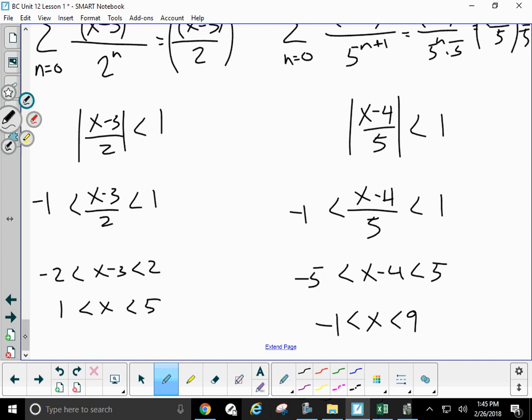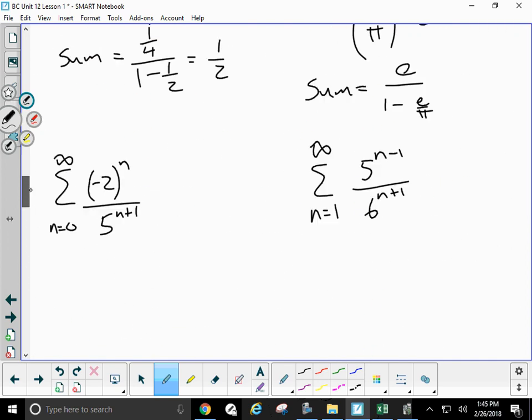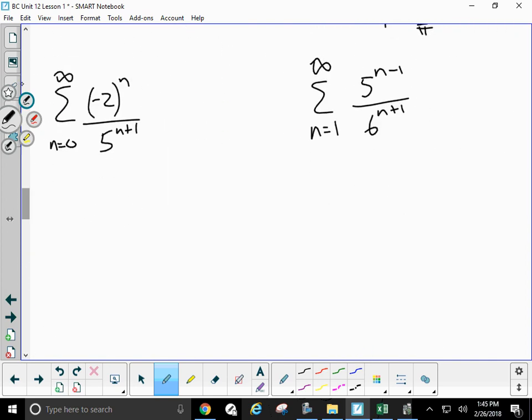Okay? Going back to the two problems we skipped. Does this converge or diverge, and what's their sum? I can tell that they converge already. I can rewrite it as negative 2 over 5 to the n times 1/5. The 1/5 is important. This is 5 to the n times 5. Okay. So it converges. What is its sum? Well, n starts with 0.